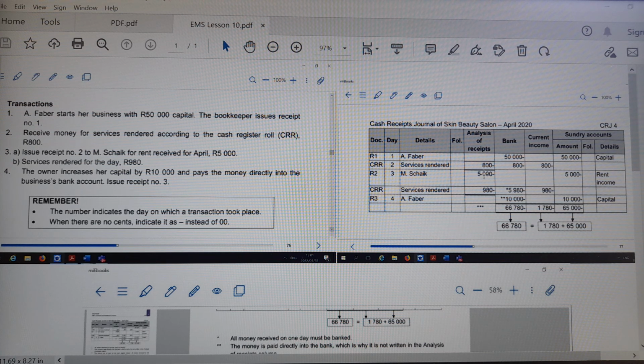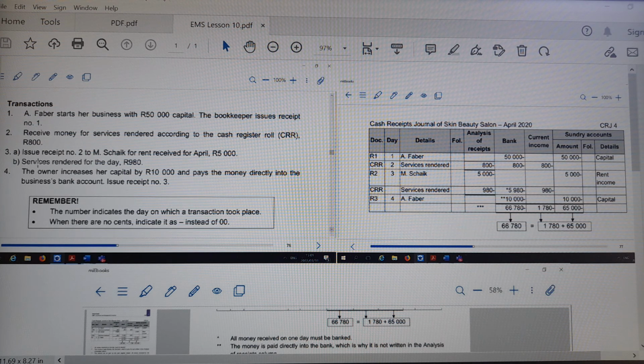So it's cash, and it does not go to the bank. Rent does not go to the bank. And it's not a current income, and we only put it on the sundry amount. Sundry account, and the details is the rent income there.